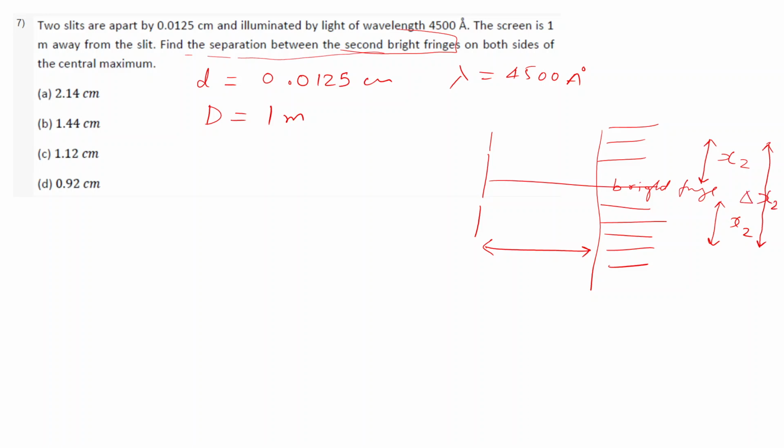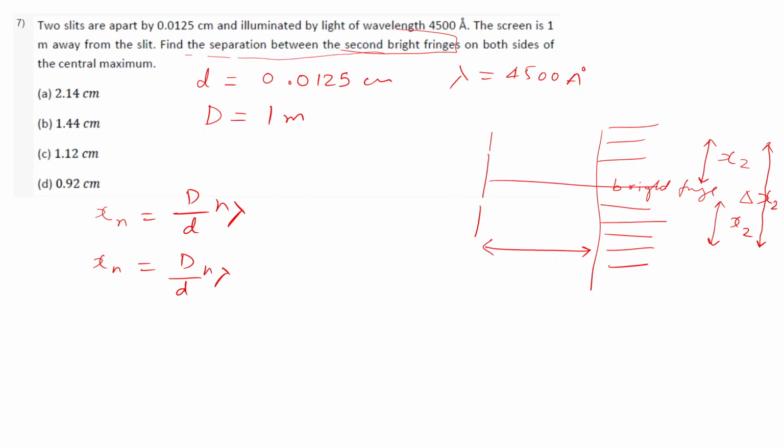Okay, so again using our formula of position, which we know is given by this, because we are talking about bright fringe, so this will be the path difference, and this will be on one side, and on the other side again the same thing.